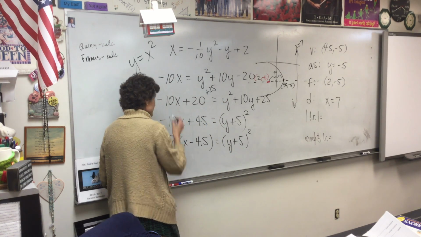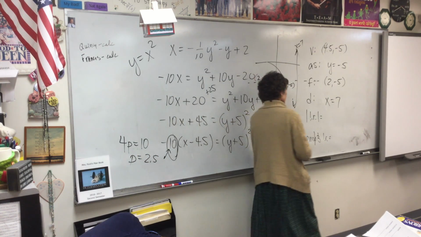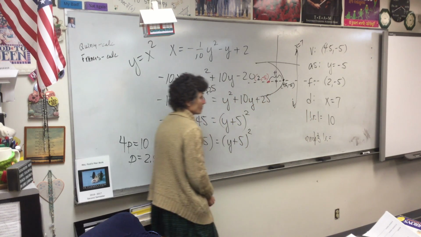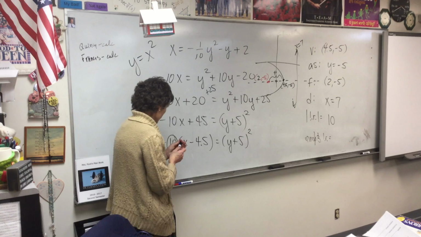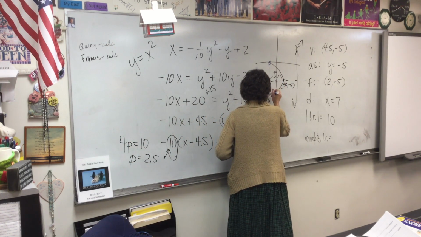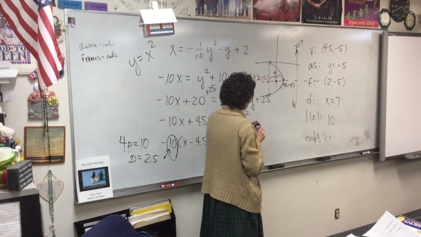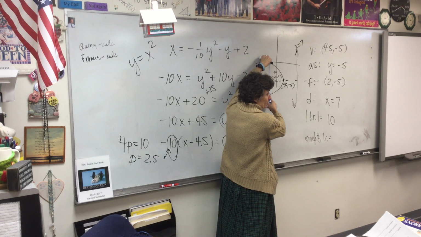How long is my latus rectum? 10. Don't say negative, it's 10. Now, its endpoints, okay, here's the segment right here. This blue segment. That's 10 units long.